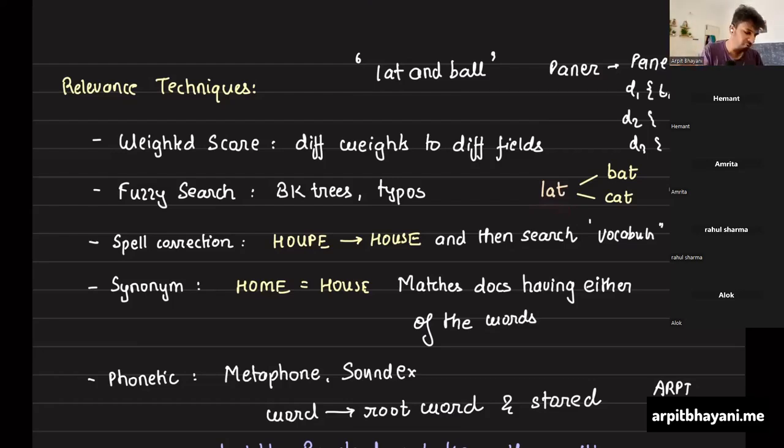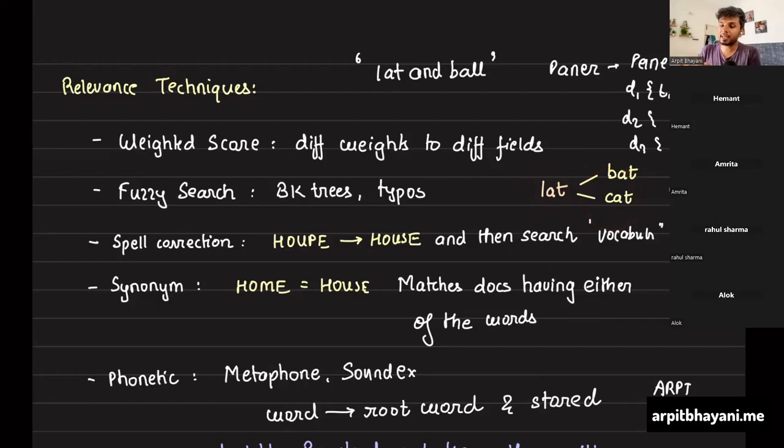If you search for LAT, it would consider all the words that are 1 edit distance away, which means lat itself as is, then bat, cat, hat, fat, mad, whatever you would want to put. Any word that is 1 edit distance away from this is also matched, right?